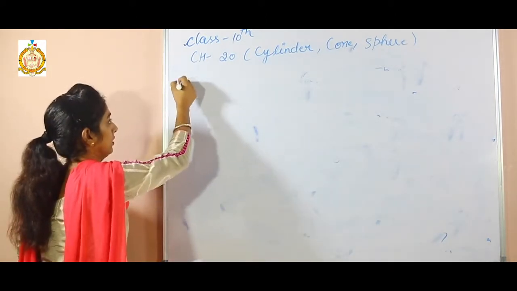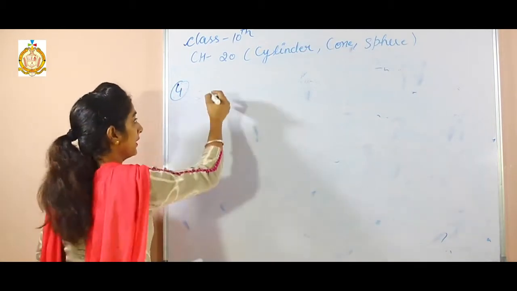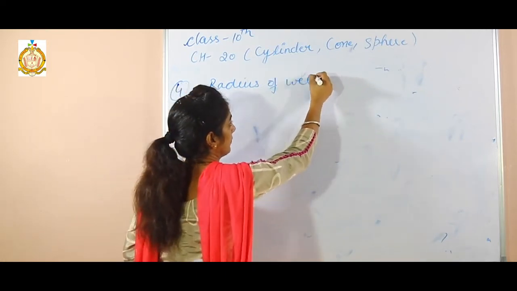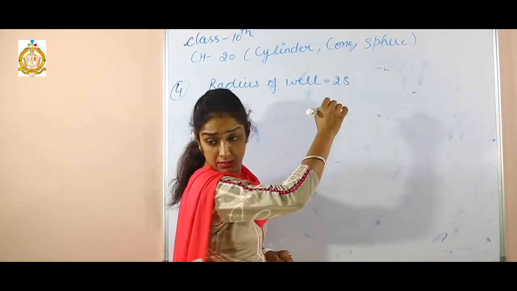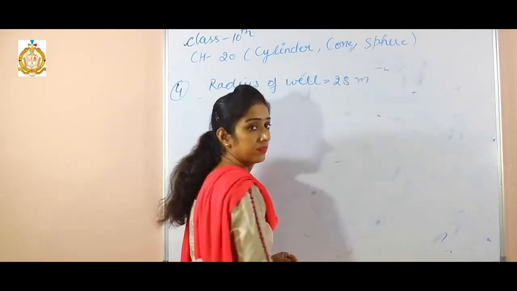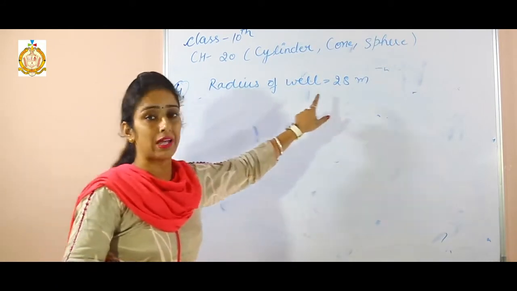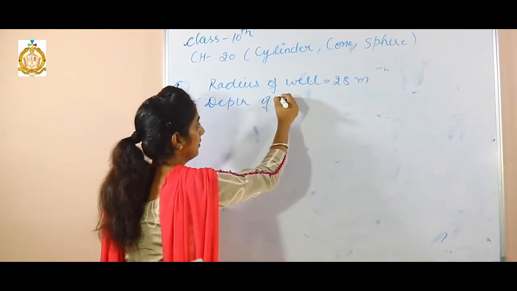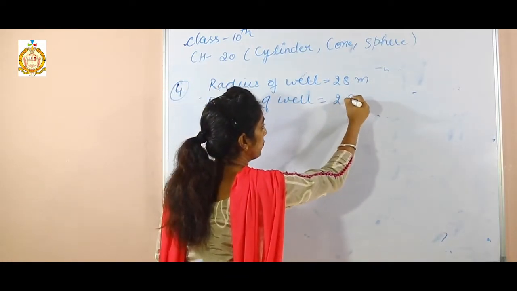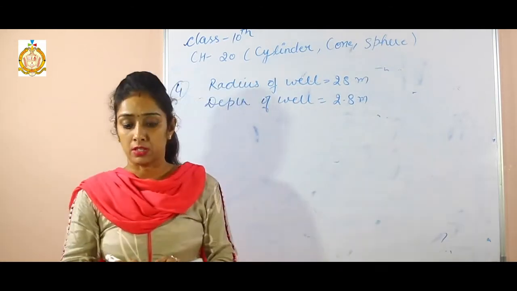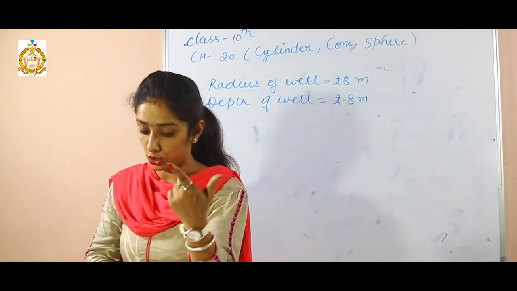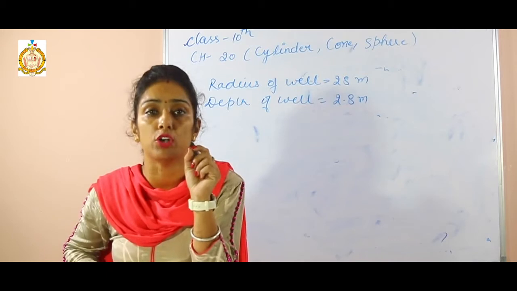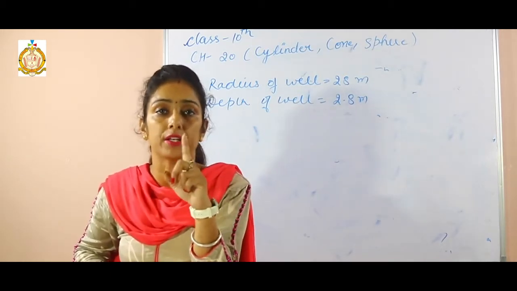So we can say that radius of well is 28 meter, right? Depth of well is 2.8 meter. Now, firstly he said how many cubic meters of earth must be dug, means you have to find the volume. What you have to find? We have to find the volume.